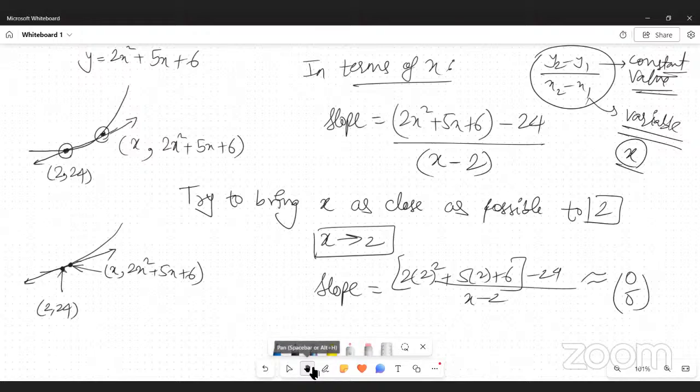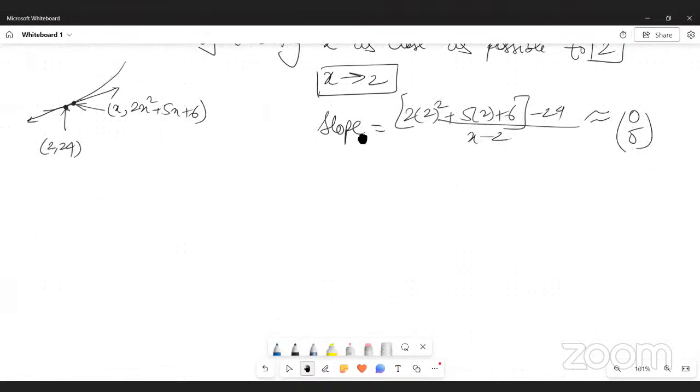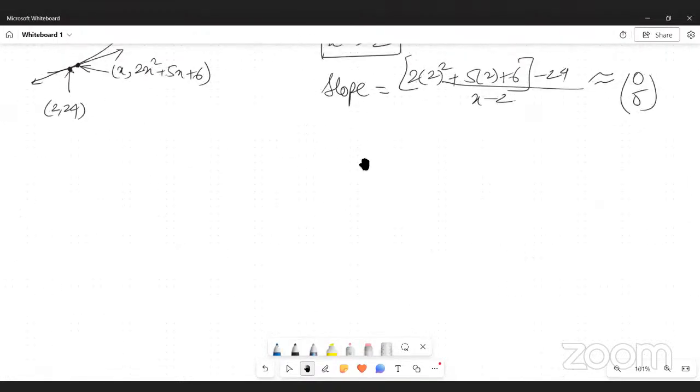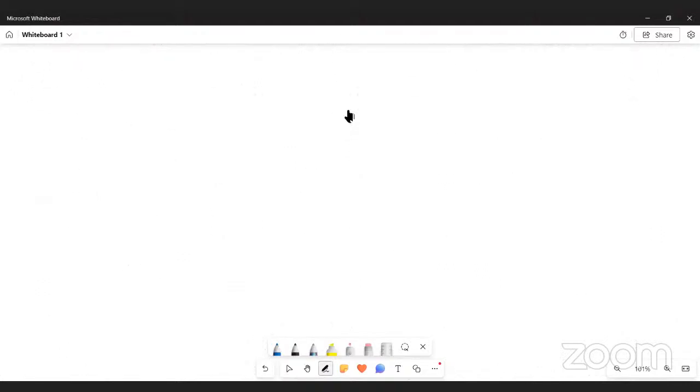So just moving with this experimentation, we got something. What did we get? For example, I have this point 2 comma 24.